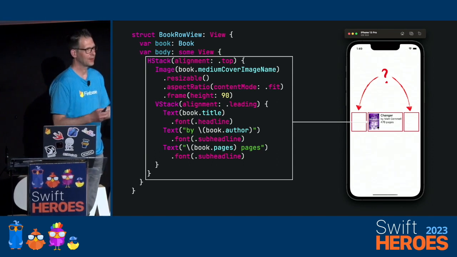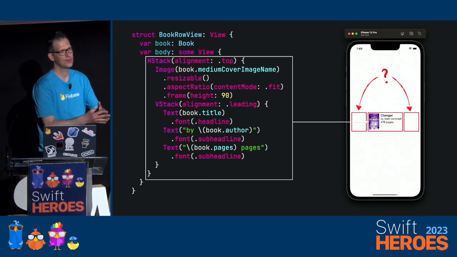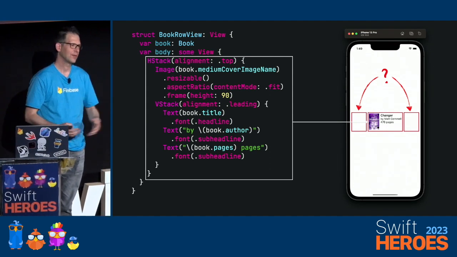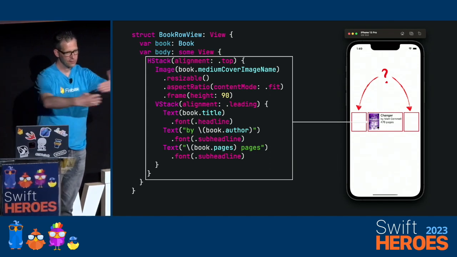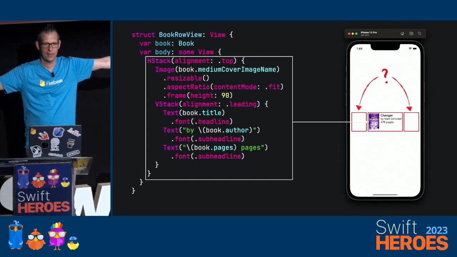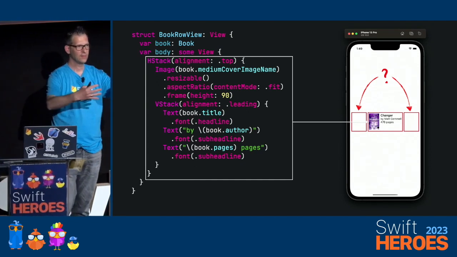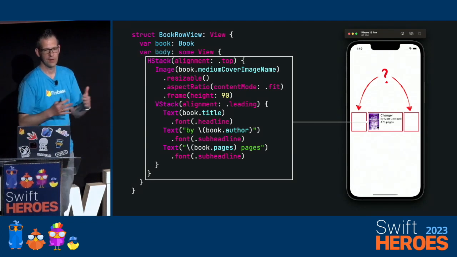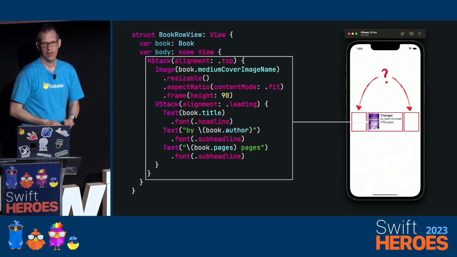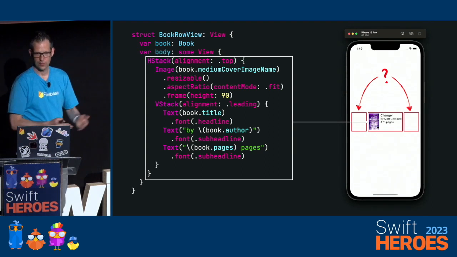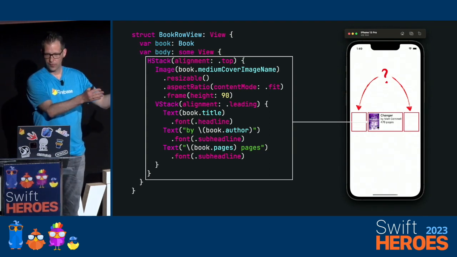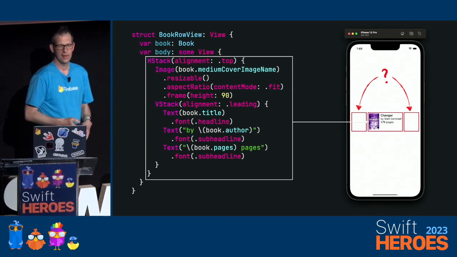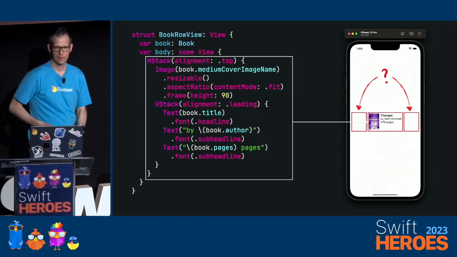So this is coming from the fact that SwiftUI uses just enough space to make this work, right? So we've got hugging views and expanding views, and the H-stack is a hugging view, so it tries to use as little space as possible for everything that's in it, and that is why it makes just enough room for the longest label in there, the author name, and that's why we've got the white space left and right.